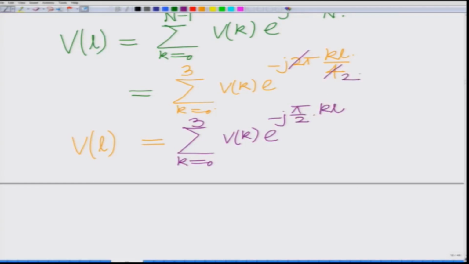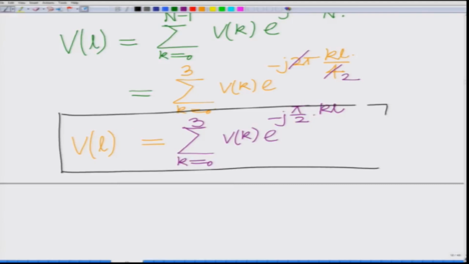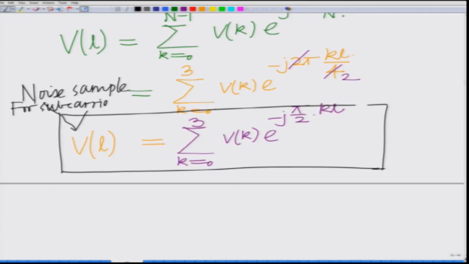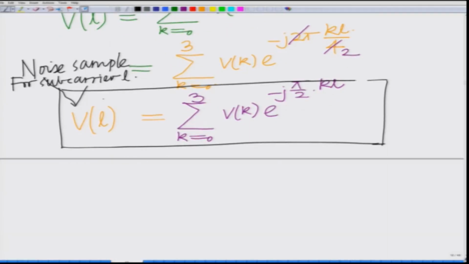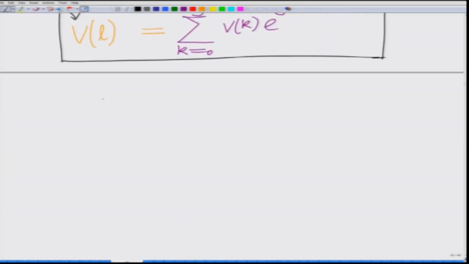This is your noise sample for the subcarrier L.